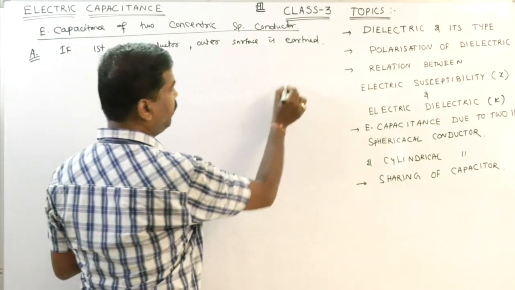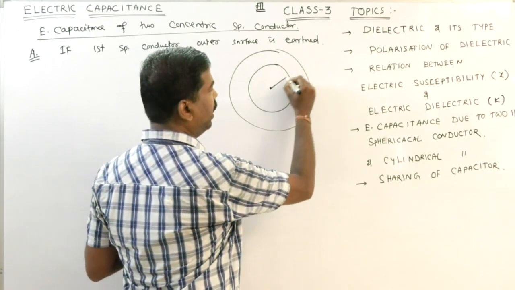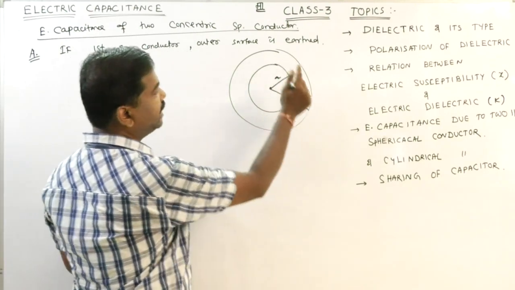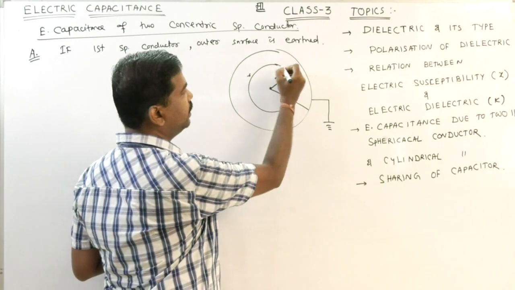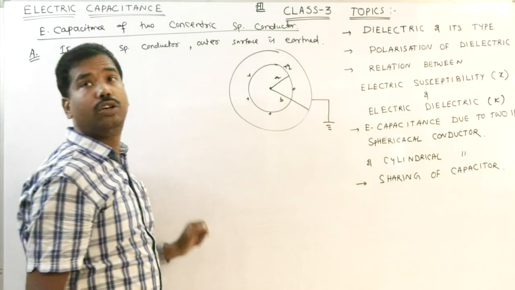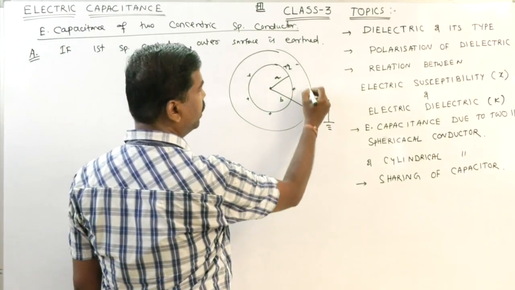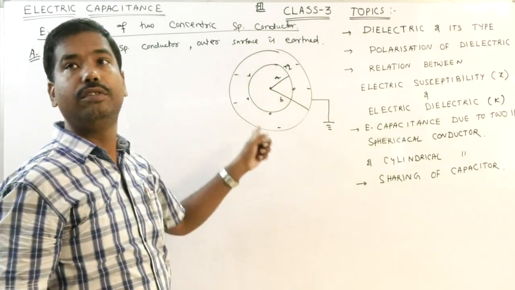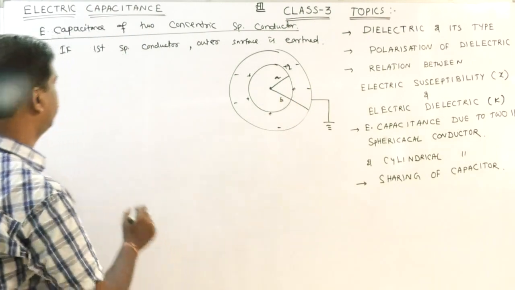Let us imagine I have taken two concentric spheres, where the smaller radius is A and the outer radius is B. Let the outer surface be earthed, and the inner sphere is charged with a charge Q. Clear? If this is positive charge, the near end of the outer sphere will induce what? The negative charge. Hence it behaves as a parallel plate capacitor.